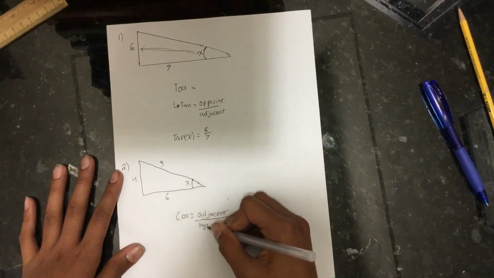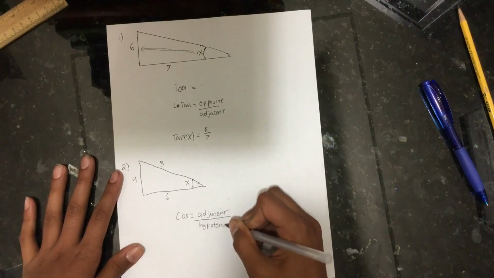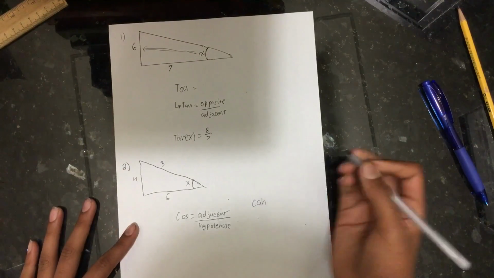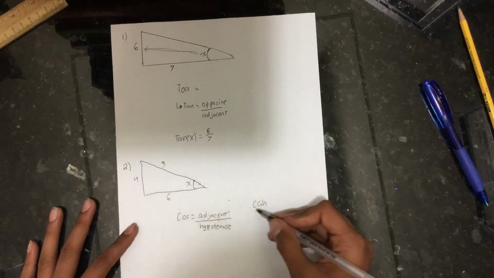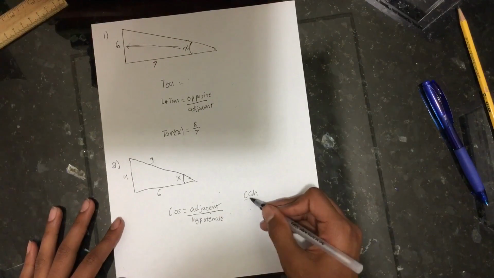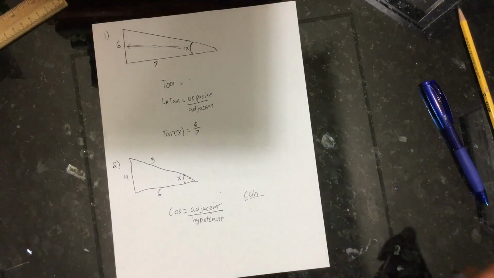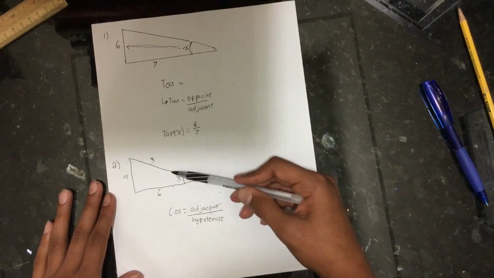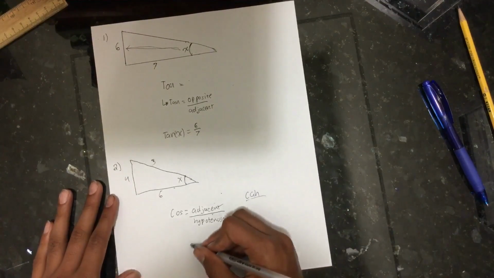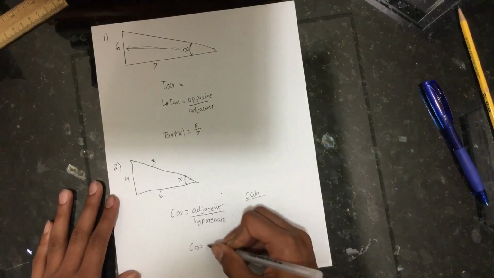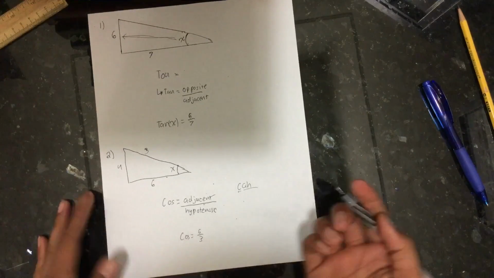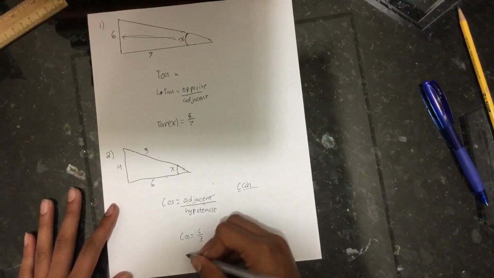And I got that from Cah, and that's basically, it defines it right here. Cos is equal to adjacent over hypotenuse. So if I were to do that, adjacent is equal to 6 and hypotenuse is equal to 3. So they're saying cos is equal to 6 by 3. And this is basically 2, because if you divide 6 and 3, it's equal to 2.